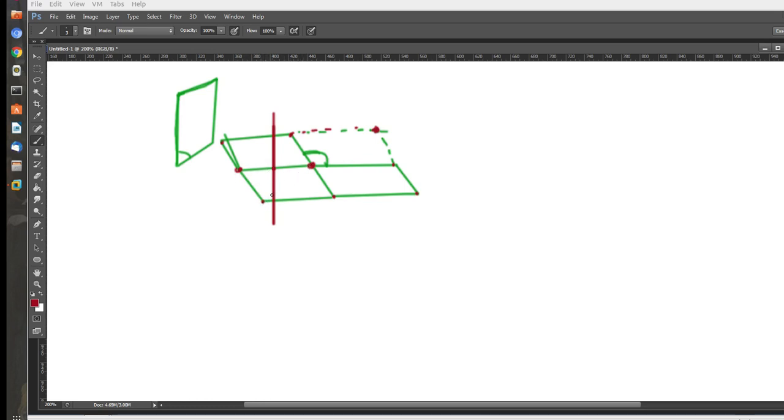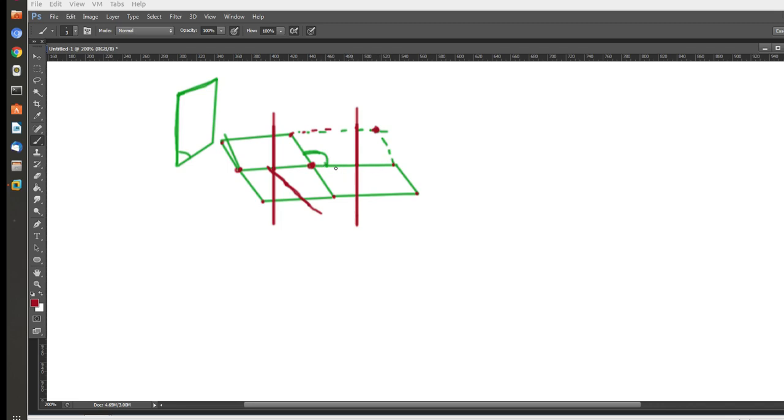We can imagine here another line that connects those nodes, and the middle of it should be somewhere here, and the plane should be perpendicular to that line.